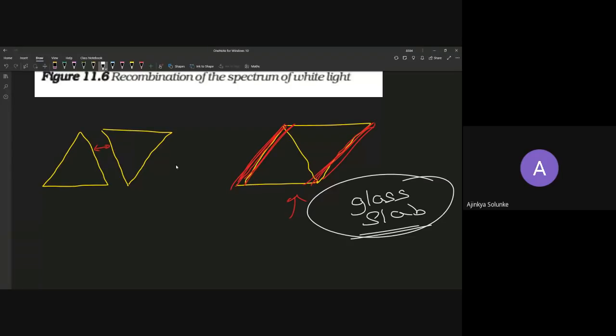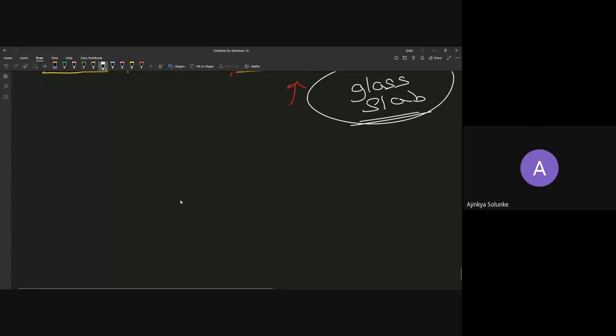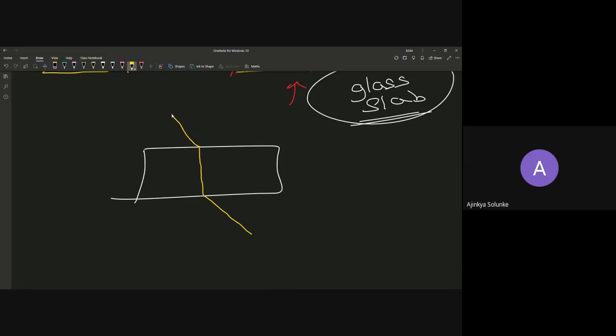And what happens inside the glass slab? Lateral displacement, correct? The light is coming here, then it is refracted, then there is an emergent ray, and we are going to have parallel rays as such. Now, why are we going to have parallel rays? Because the refraction which is happening at one point is equal and opposite to the refraction which is happening at the second point.